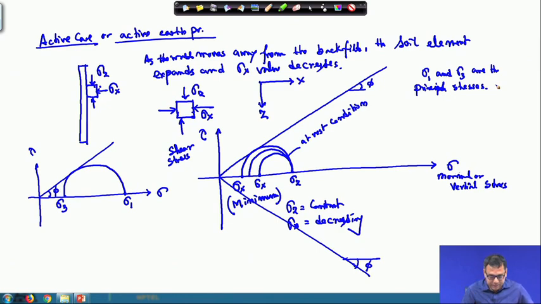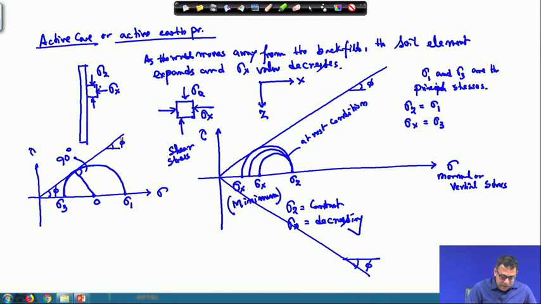I can write that sigma z is equal to sigma 1 and sigma x is equal to sigma 3, because these vertical stresses are principal stresses. So, this is the point I have written. If this is the center O and if I draw a line here, definitely it will be 90 degree, because the failure envelope is the tangent over this point and we are joining this point and the center. So, this will be 90 degree.